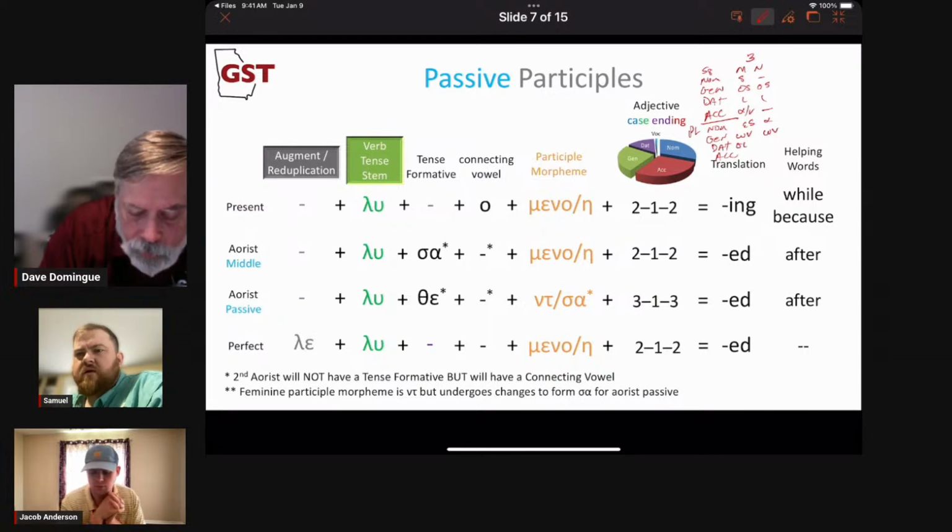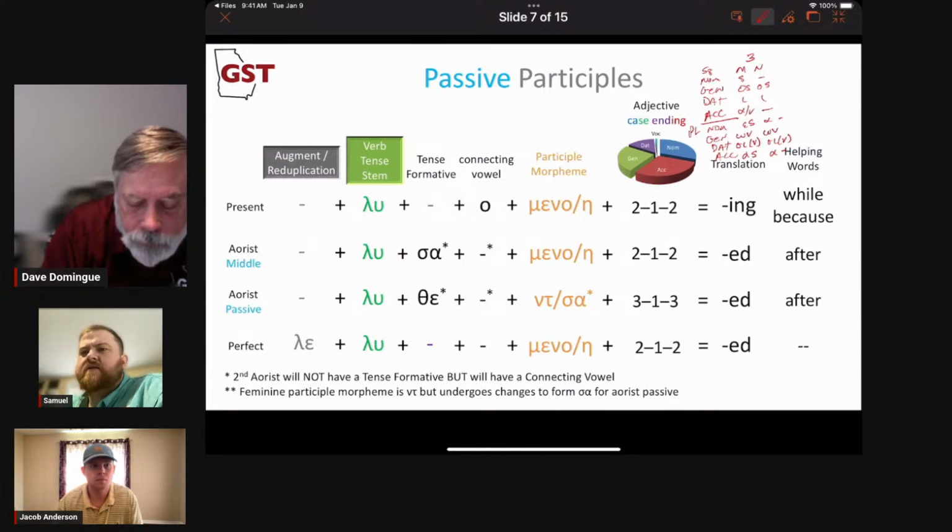Yeah, but this time it's a sigma iota, the sigma iota with movable nu. Right, and we know it's going to be the same for the masculine and neuter. And then the accusative, remember the accusative? Alpha sigma. And then what's it going to be for the accusative neuter? It has to be the same as the nominative.